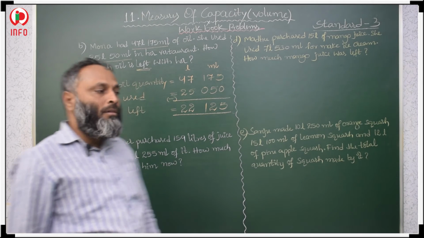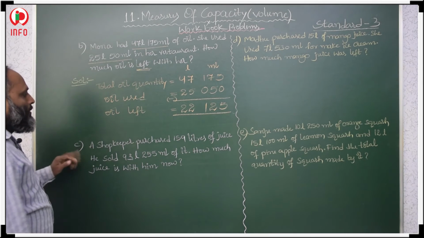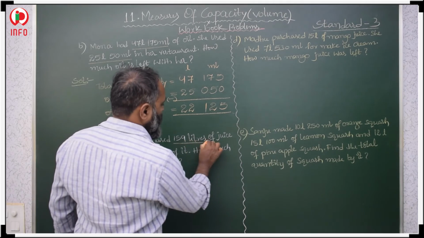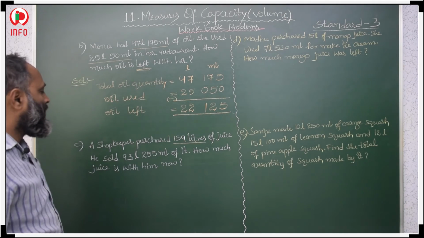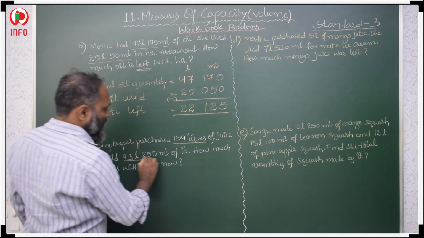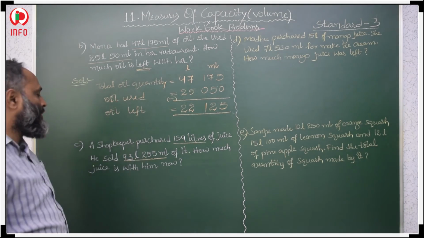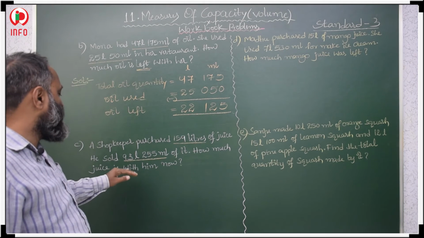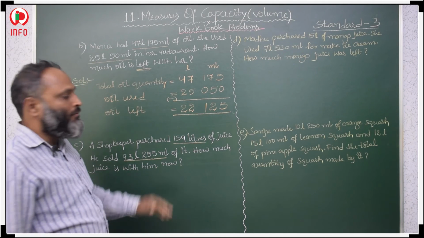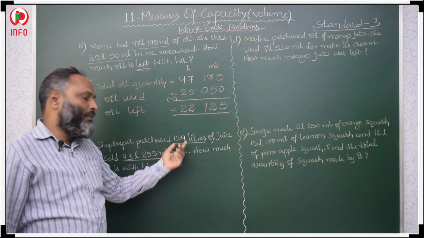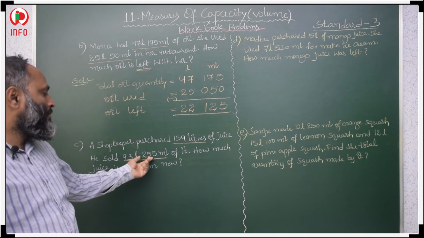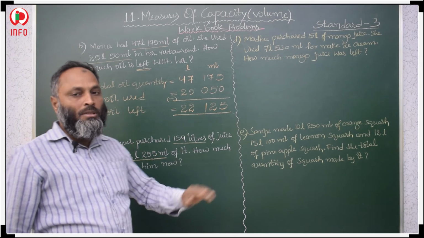Okay. Next. A shopkeeper purchased 159 liters of juice, and of that 93 liters, 255 milliliters is sold. Then how much juice is with him now? In the total juice, 159 liters, 93 liters 255 milliliters of juice is sold.